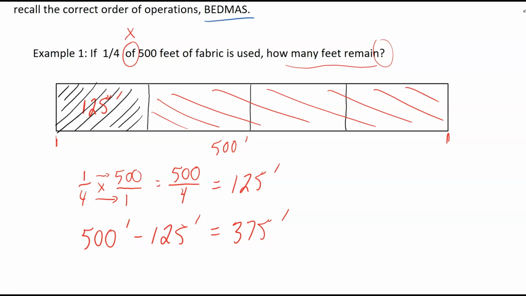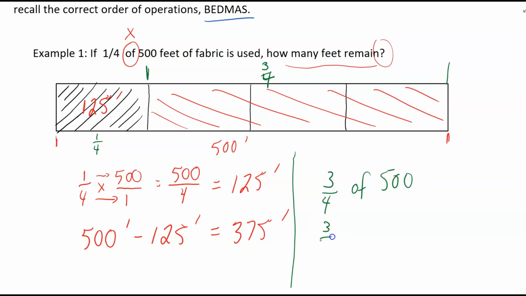Just as a side note, in case you were thinking this way, since 1/4 is being used, then 3/4 remains, from here to here, this is 3/4. So we could also just find 3/4 of 500, right?